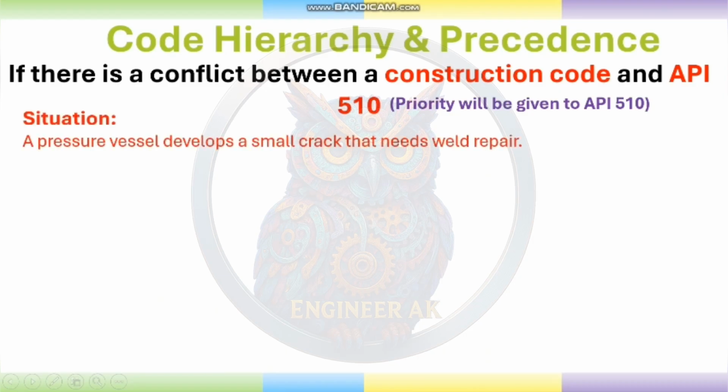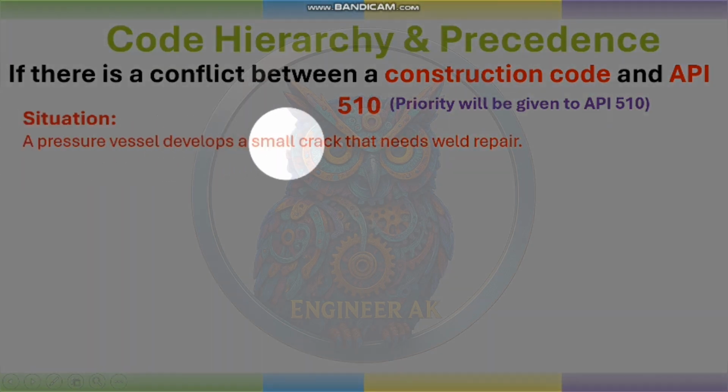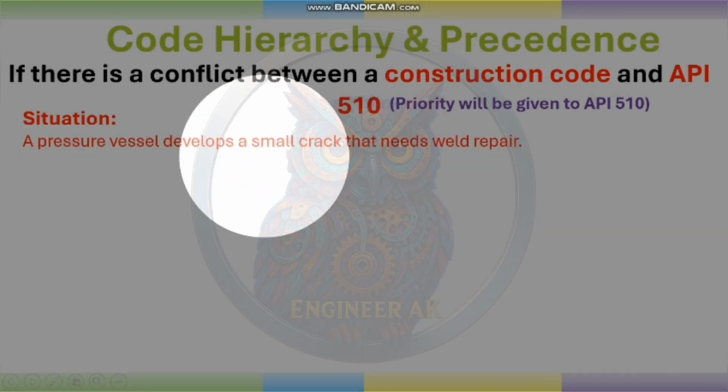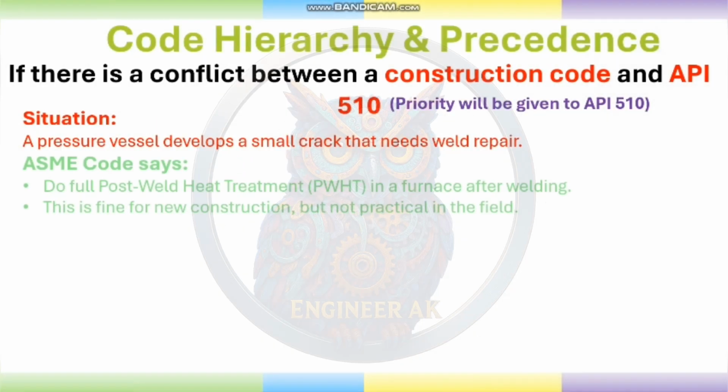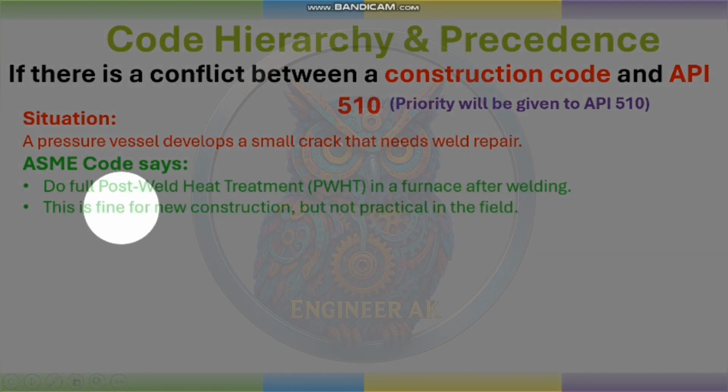For example, if there is a situation where a pressure vessel develops a small crack that needs weld repair, the ASME code says to do full post-weld heat treatment in a furnace after welding. This is fine for new construction but not practical in the field.